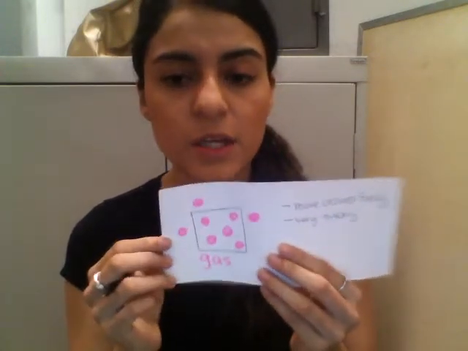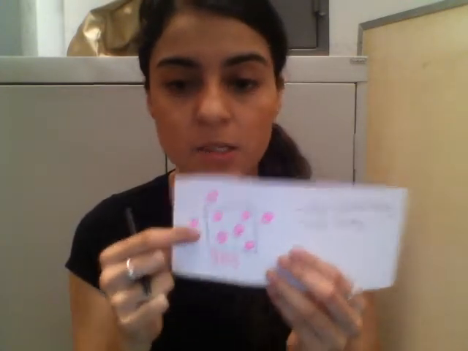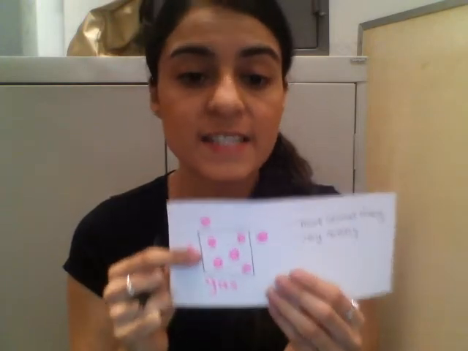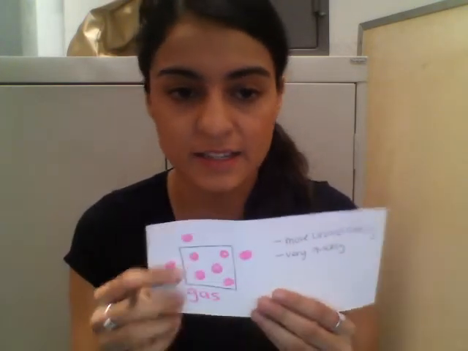Okay, so these molecules always move around, they're very fast, they bump into each other and bounce off each other, and they do not stay in the same place unless it's in a container. So for example, the air around us, there's air all around us, and the molecules are moving very, very quickly.